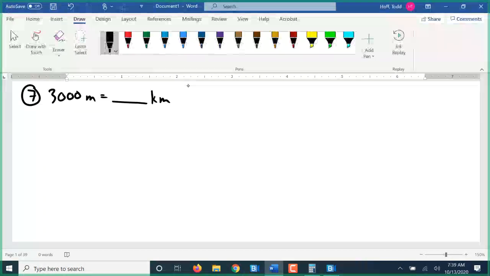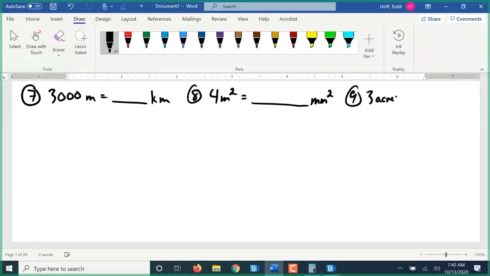Convert 3,000 meters into kilometers. Convert 4 meters squared into millimeters squared. Convert 3 acres into square feet.